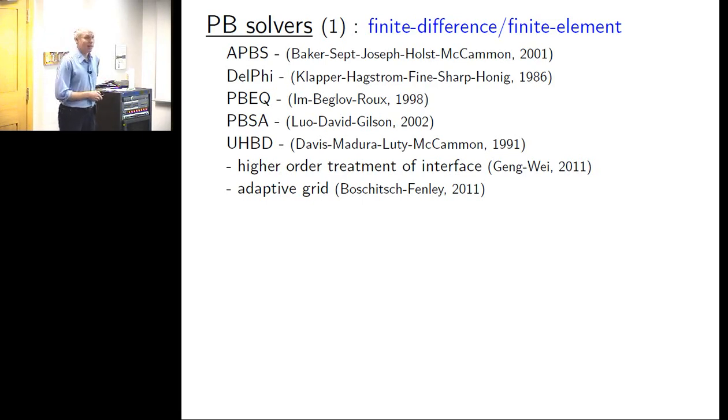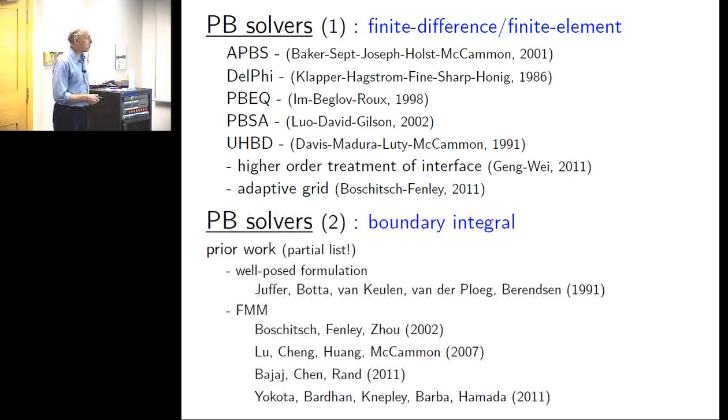So the alternative is these boundary integral methods. In these methods, one is able to reformulate the problem so you have an integral equation just on the molecular surface itself. It has some advantages and has some disadvantages as well. But I believe we've been able to make progress in overcoming the disadvantages.